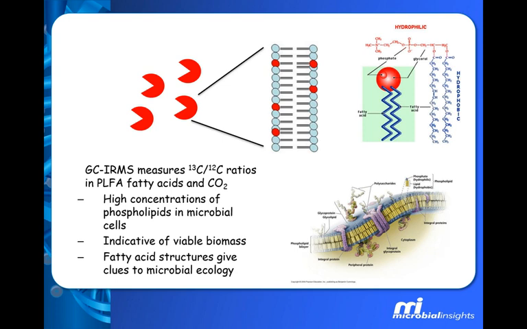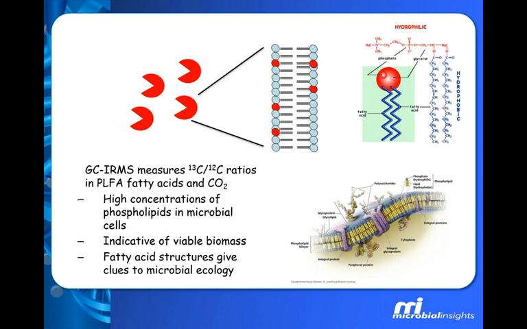The other types of analysis we do: we can extract for dissolved inorganic carbon, and if it's anaerobic conditions, we can also extract methane as well. But we'll always extract dissolved inorganic carbon, and we'll look at the C13-C12 ratio in that dissolved inorganic carbon. We can also look for C13 incorporation into biomarkers.